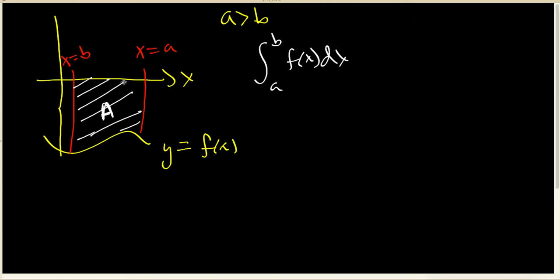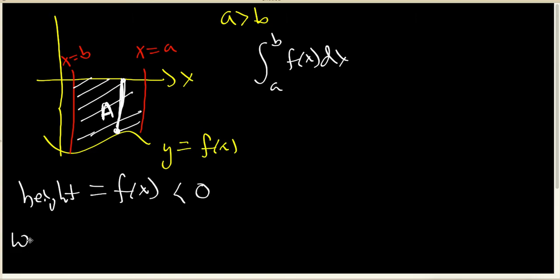Well, what I want to notice is that the height in this particular chunk is going to be f of x, but f of x is negative. And the width, we're still going from x is equal to a to x is equal to b, so my width is going to be b minus a, but because a is bigger than b, my width is now less than 0.